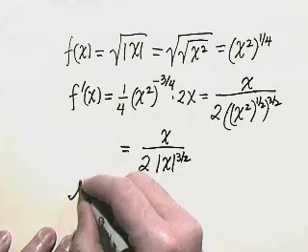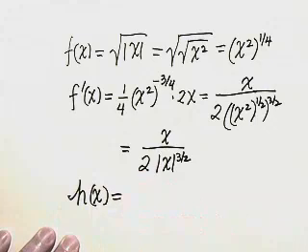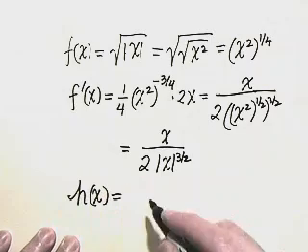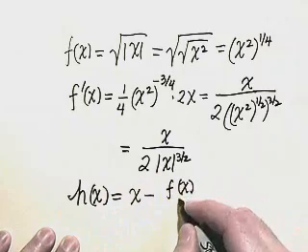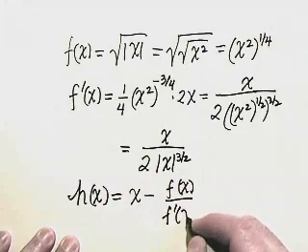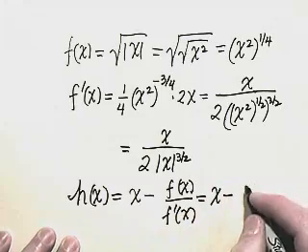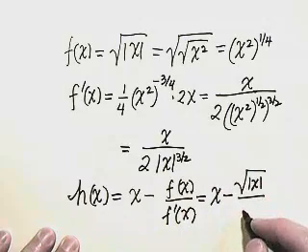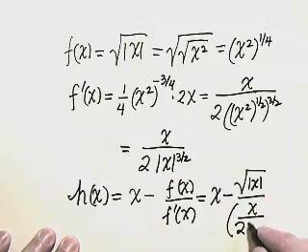So to form our function h of x that we plug our initial guess into and then recompute its values by plugging values back into the function, h of x, remember, is x minus f of x divided by f prime of x, which is now x minus square root absolute value of x divided by the quantity x over 2 absolute x to the 3/2.